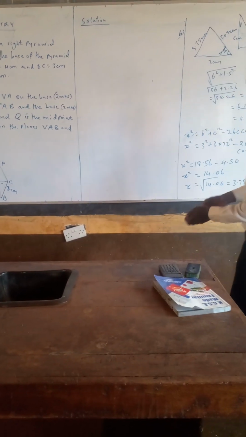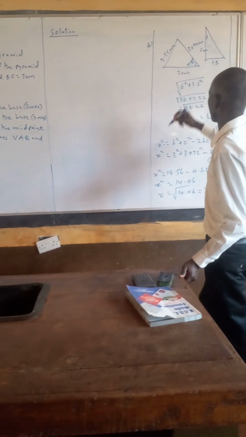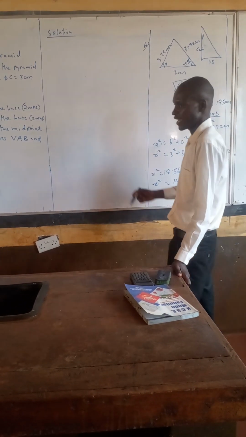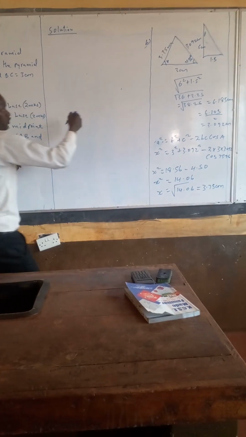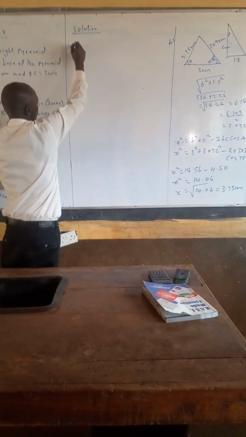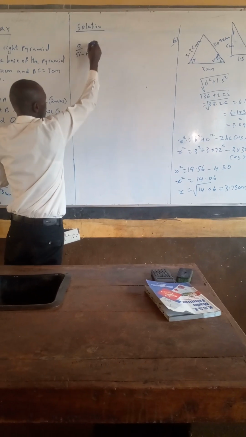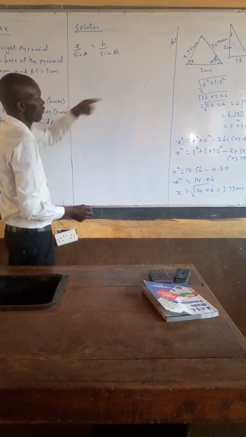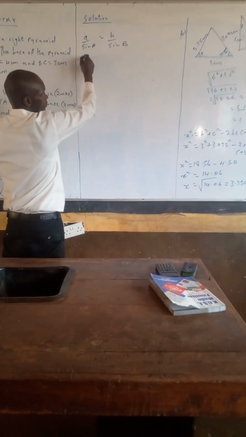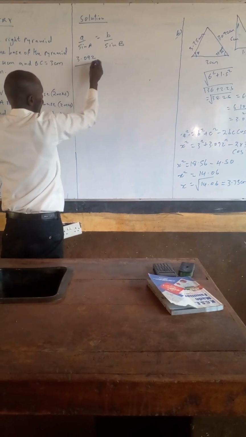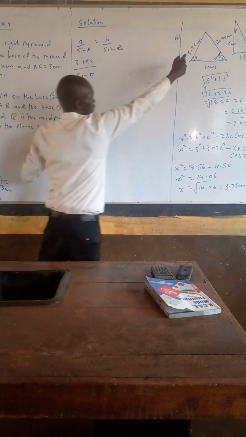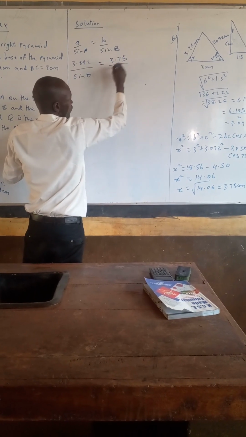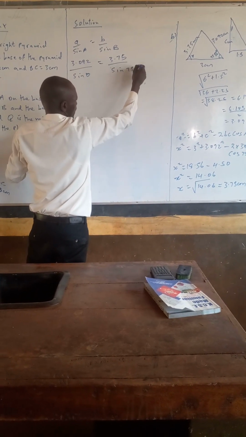Now we want to get this angle at this point, that angle theta. Therefore we shall apply the sine rule. We know that a over sine A is equal to b over sine B. So for this case, we have 3.092 over sine theta, which should be equal to 3.75 over the sine of 75.96.